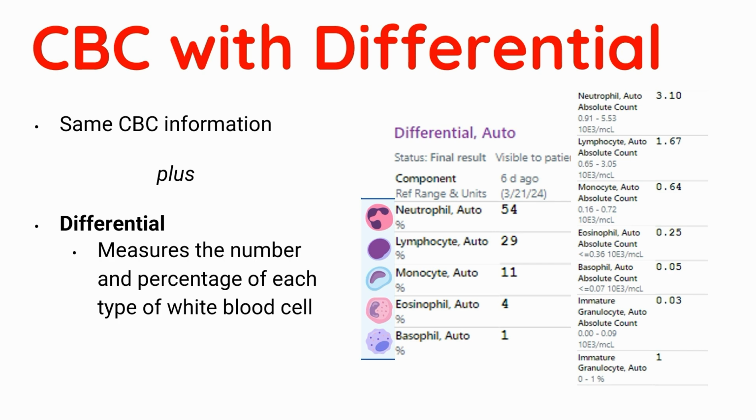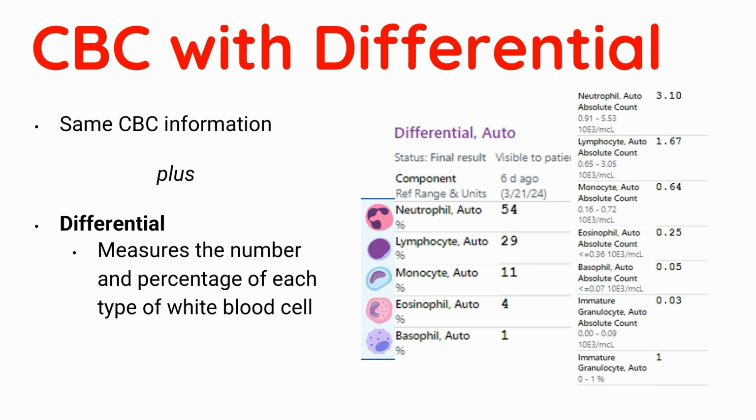There are times that we use a different version of this test called a CBC with differential. This includes the same information I just talked to you about, but includes something called a differential, which measures the number and percentage of each of those subtypes of white blood cell that I mentioned: neutrophils, lymphocytes, monocytes, eosinophils, and basophils.